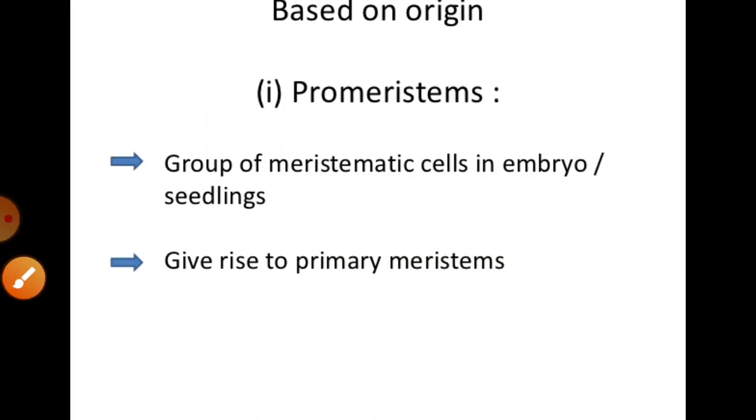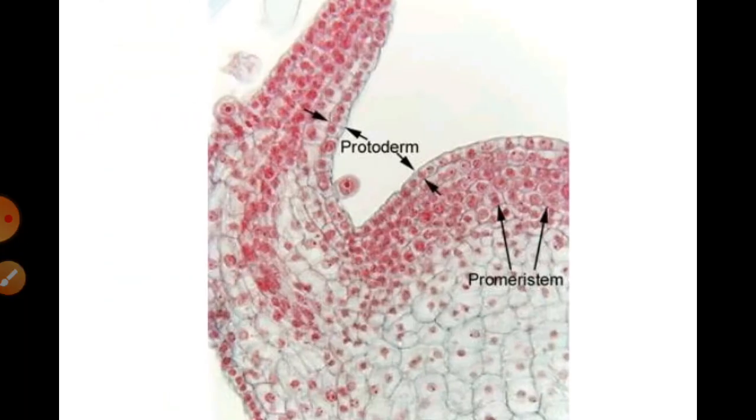Then we have to talk about another type of meristem tissue on the basis of their origin, right?